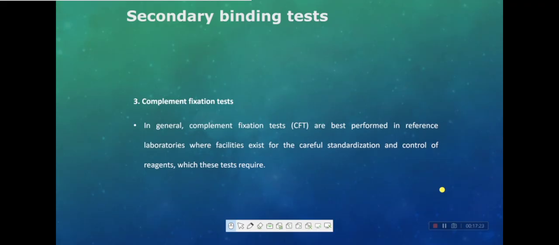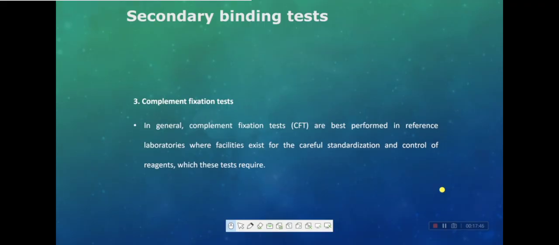So in the CFT, the patient's inactivated serum is serially diluted and reacted with known antigen in the presence of complement. If the corresponding antibody is contained in the serum, it will combine with the antigen and use up the complement, which will leave no complement to hemolyze the antibody coated red cells which are added.